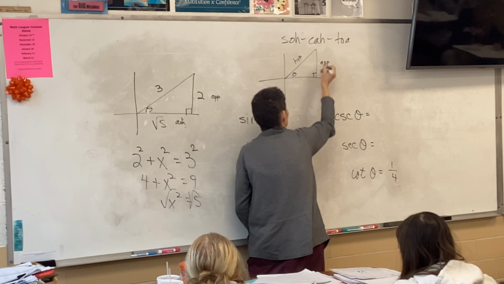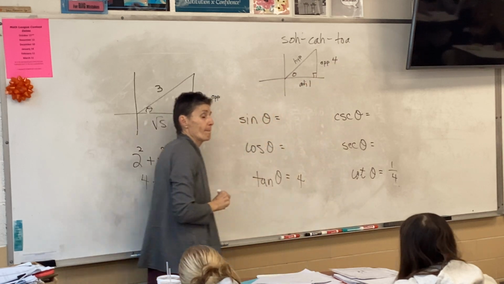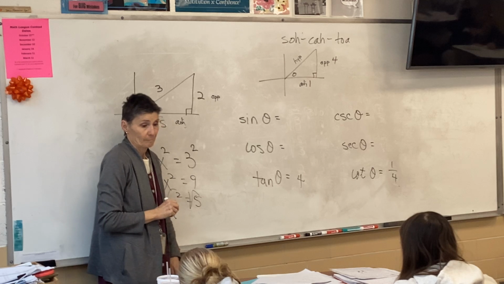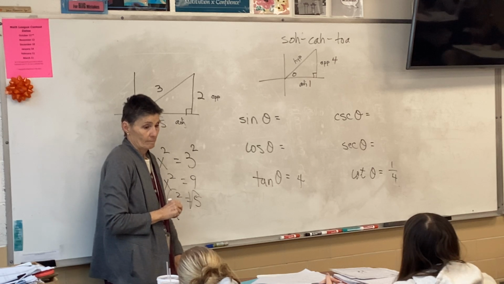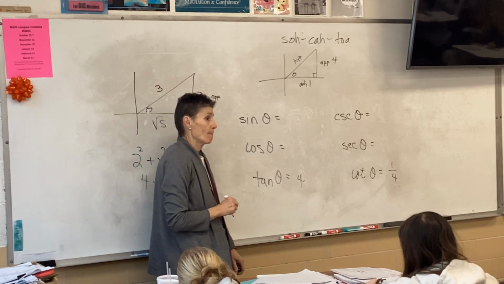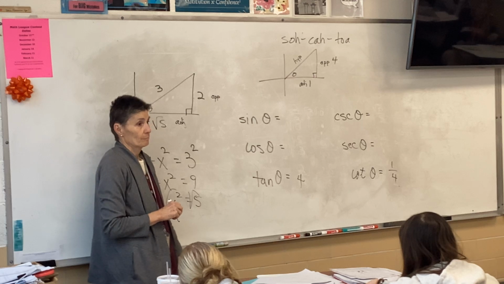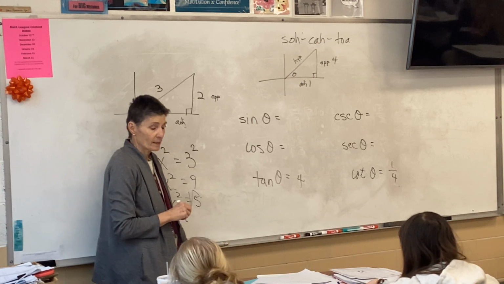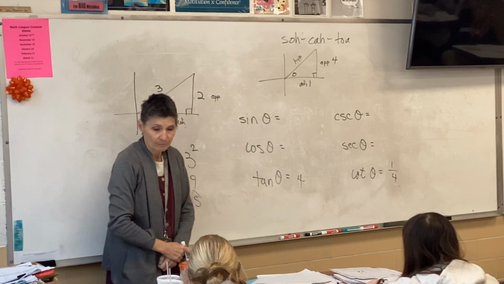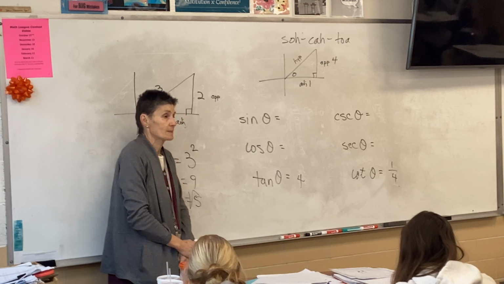Opposite and adjacent. So 4 and 1. All right, what do we do now? Okay, go ahead and do it all by yourselves. And tell me what you think the hypotenuse is.